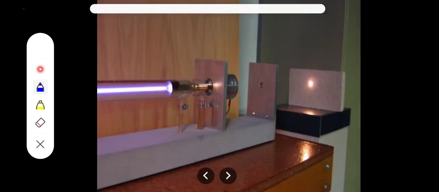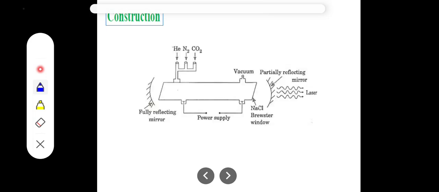This is the diagram of the carbon dioxide gas laser. Construction of the CO2 laser. First we consider the active medium or active center. Three gases are given: helium, nitrogen and carbon dioxide molecules, inside the quartz discharge tube, 5 meter long and 2.5 centimeter in diameter.